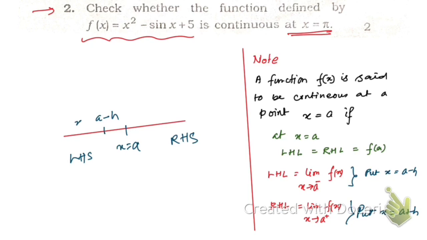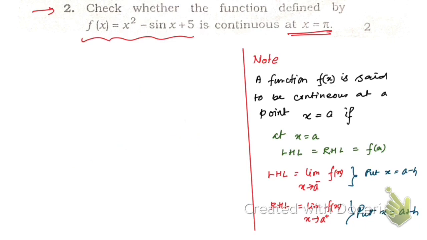That's why for the left hand limit we can put x is equal to a minus h, where h is a very small positive number, and this point a minus h is very close to a. Similarly on this side you can put a plus h, which is very close to x is equal to a. Hope you have understood why we put a plus h and a minus h.